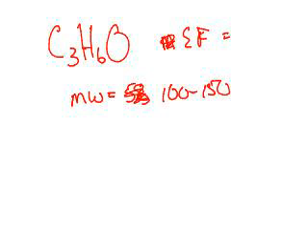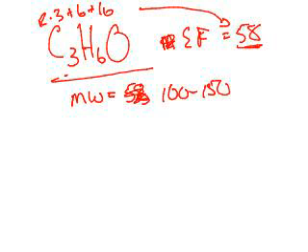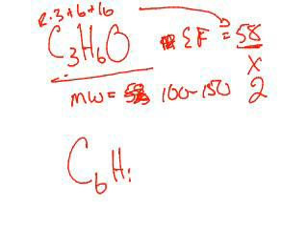The empirical weight of this, when you add this up, you get 58. 12 times 3 plus 6 plus 16, that adds up to 58. So you need to times this by 2. And so the real formula is C6H12O2. Okay? So that's question number 2.